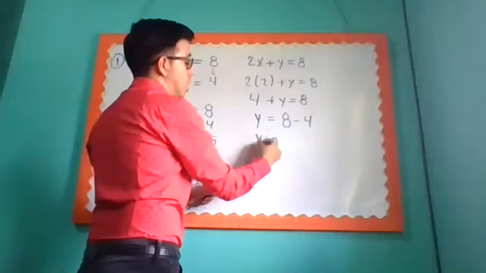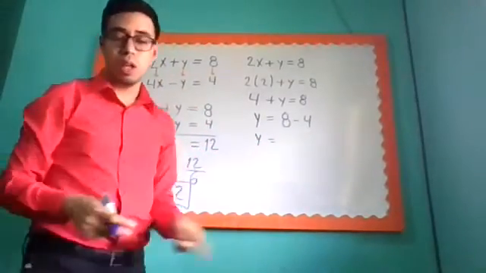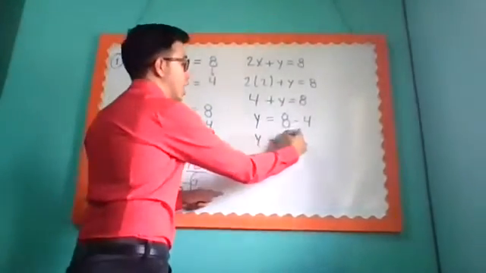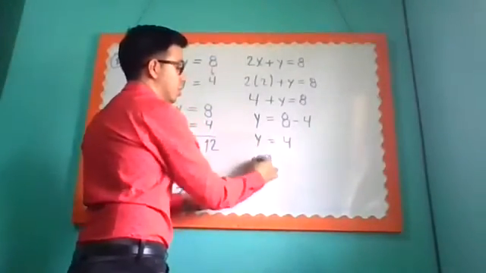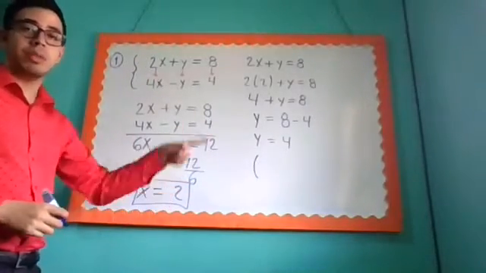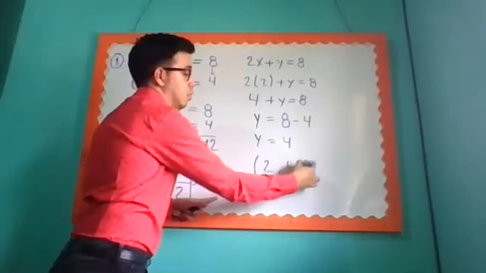And the result is only the subtraction of these two numbers, okay? So finally we obtain that y is equal to 4. And this solution is the ordered pair that contains the value for x and for y: (2, 4). This is the solution.